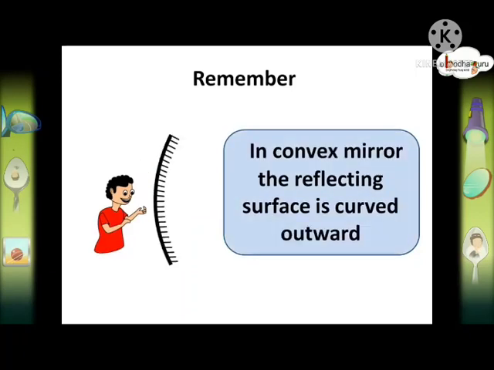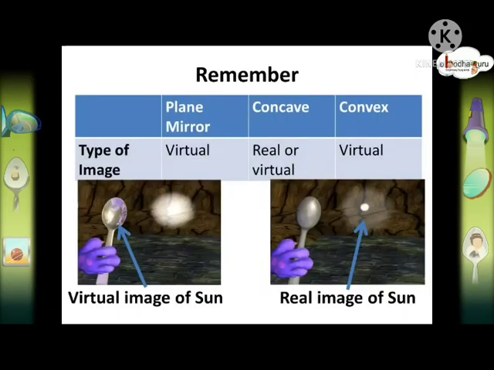And in the convex mirror, which is also a spherical mirror, the reflecting surface is curved outwards. Also remember, different mirrors produce different types of images. The plane and the convex mirror always produce virtual images, so they cannot produce an image on any screen. But the concave mirror can produce real images too.